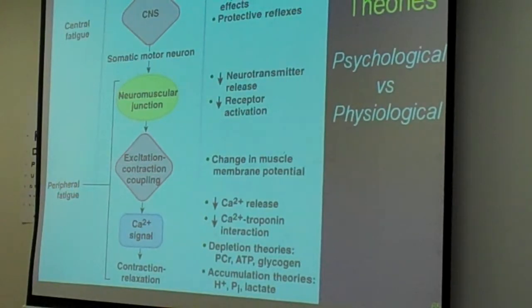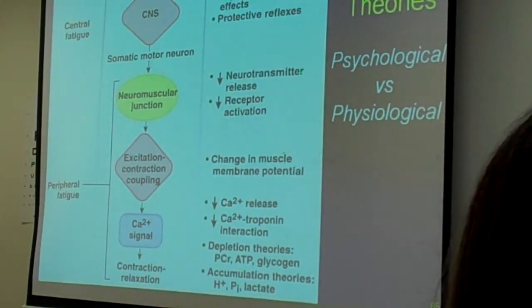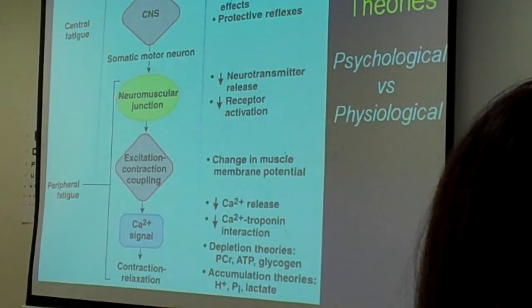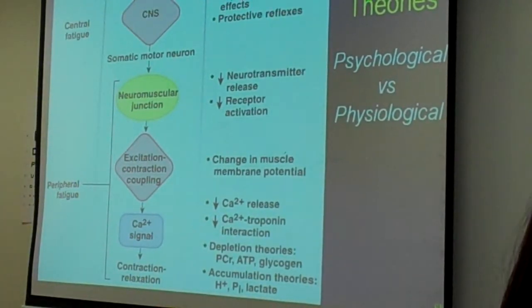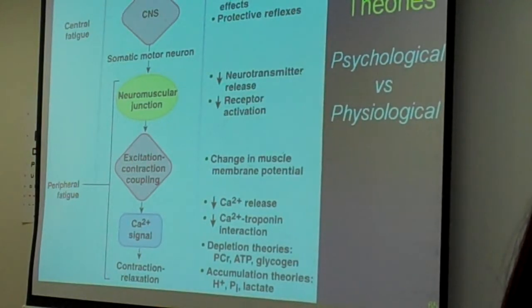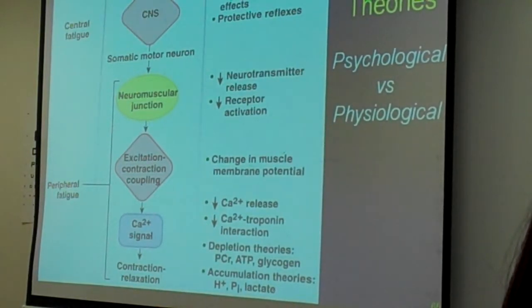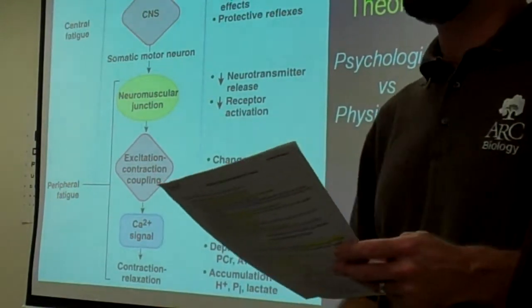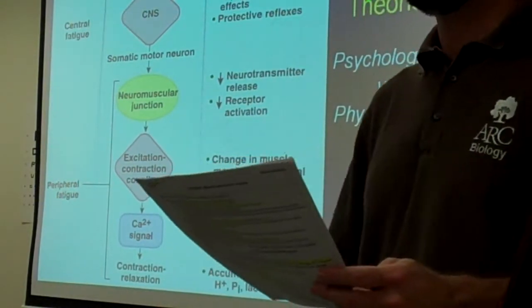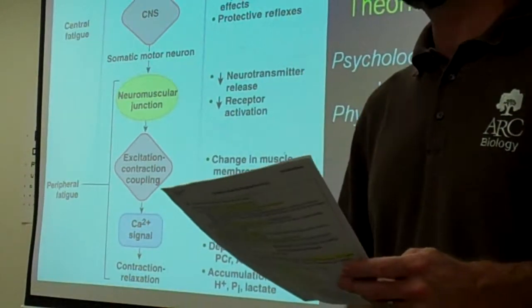Physiological fatigue is you've got the will and you're trying, but the muscle just won't do it. It's done. You're sending neural signals, but either at the neuromuscular junction or within the myofiber, it's not capable of continuing.